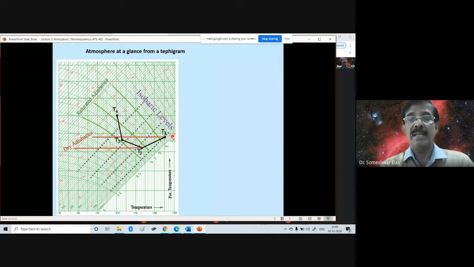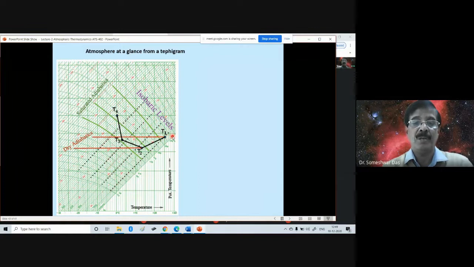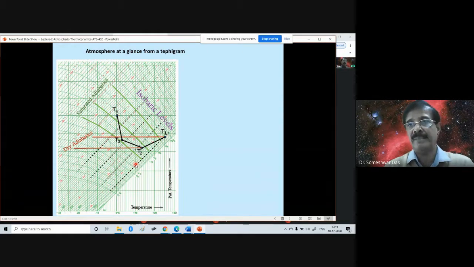You can similarly plot the dew point temperature or the wet bulb temperature, which is also observed by the radiosonde, in the same diagram. And you will always find that the dew point temperature is less than the dry bulb temperature. Because when the dew point temperature and the dry bulb temperature are equal, that means the atmosphere is saturated.